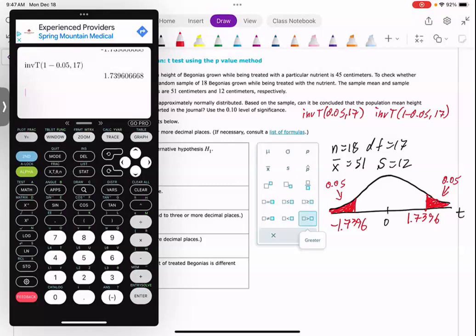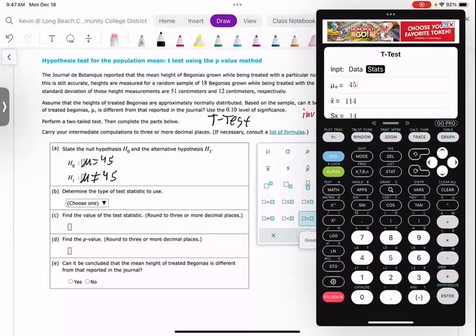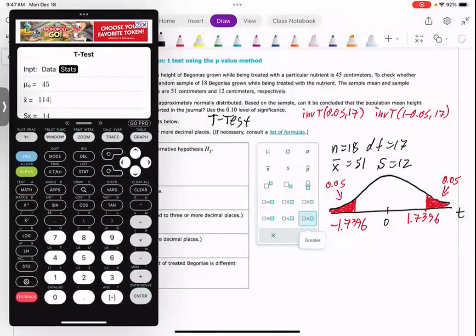All right, so now we are going to run our t-test. So let's go to stat, tests, t-test. Let's start at the beginning. So we are at 45. The mean is at 51. Sample standard deviation is 12. n is 18.